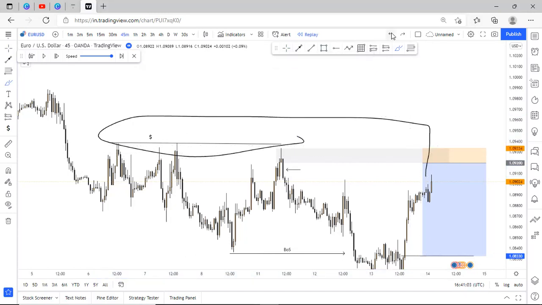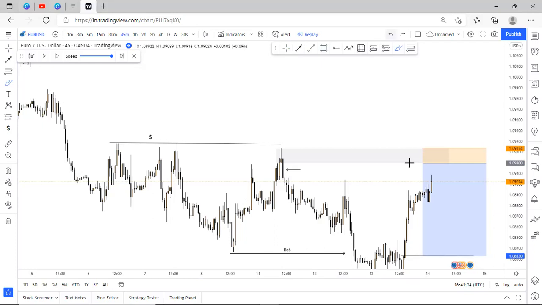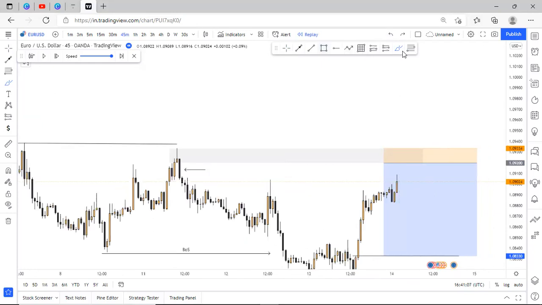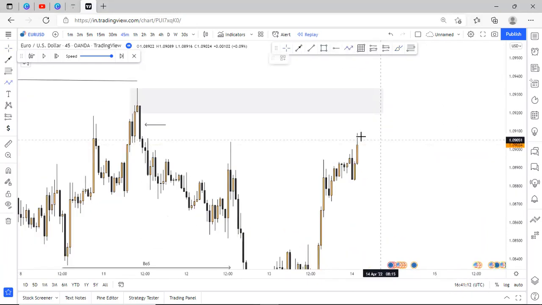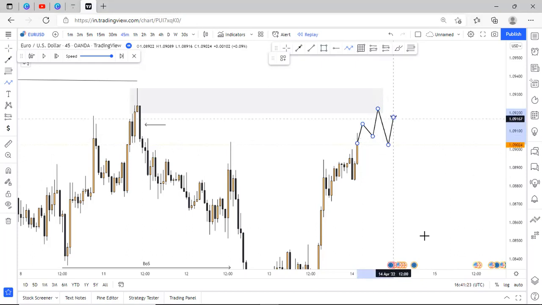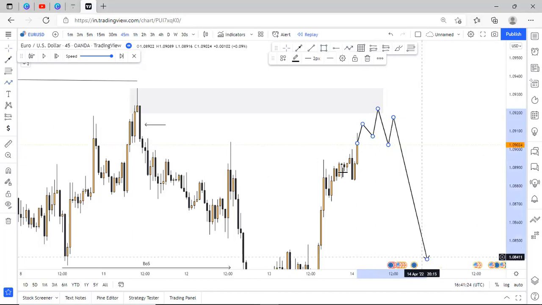So at this point in time, I'll be looking for a confirmation entry. To look for confirmation before you take your sell trade, we'll be waiting for price to come into this level, give us a minor break of structure, a retracement back, then a sell into this level right here.